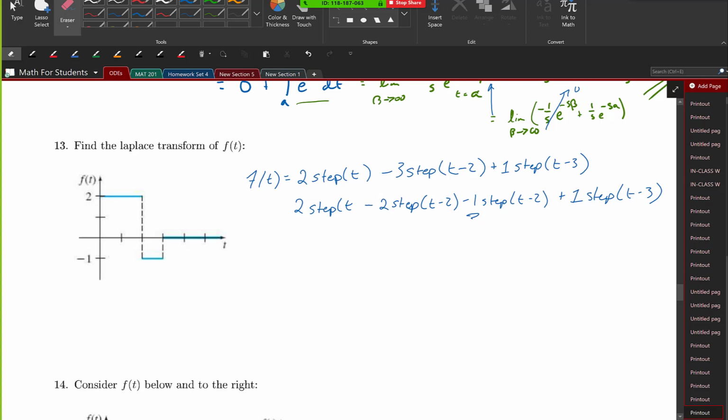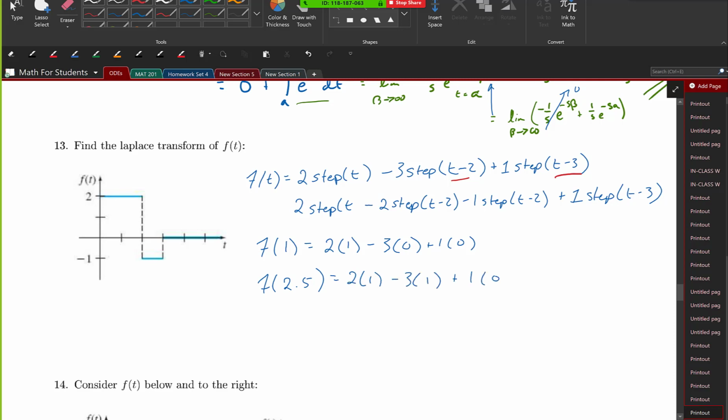And the way you can always test this is just plugging in some points. So what's f of 1, for instance? Well, f of 1 would be 2 times 1 minus 3 times 0 plus 1 times 0, because these other two step functions, we haven't reached the time value for which they'll be turned on. But if we did f of, say, 2.5, then this function's still on. Now this function's turned on, but this function's still off.